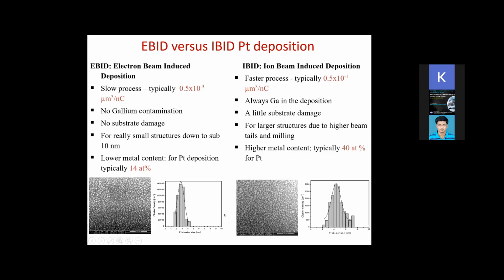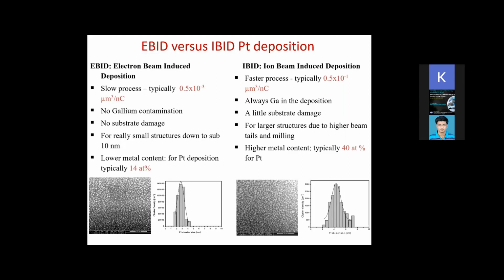However, dissociation of carbon from the metal takes place more in the case of ion beam deposition, and that's why the percentage of platinum will be more if you do ion beam deposition compared to electron beam deposition. We have found that more or less 30 to 40% platinum and the rest carbon is achieved if you do a platinum deposition using focused ion beam.